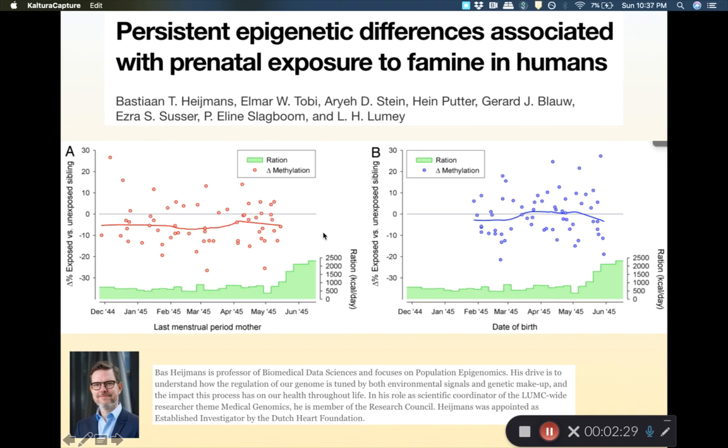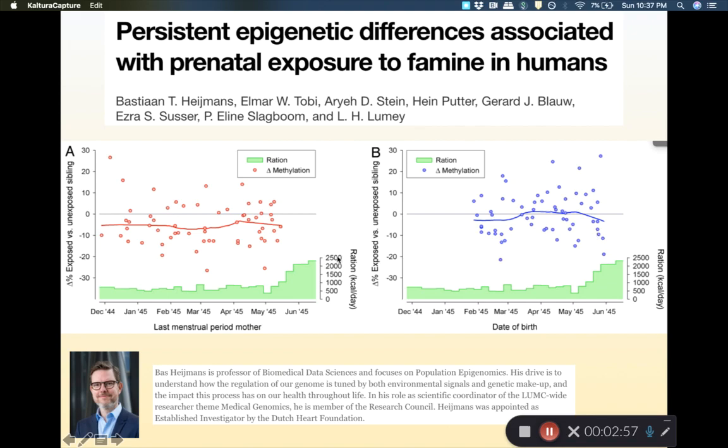So basically, going back to our understanding of biochemistry, methylation is a way that we can turn off specific genes. And they found that in siblings that lived through this period of famine, the methylation sites actually go down as compared to the siblings who were born after this famine.